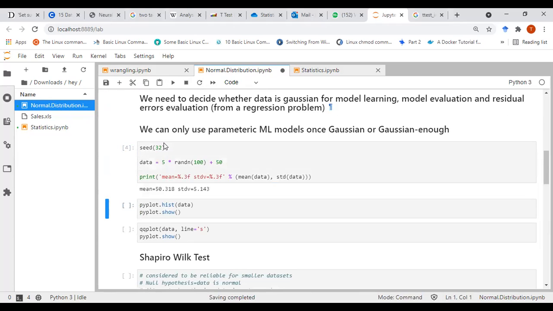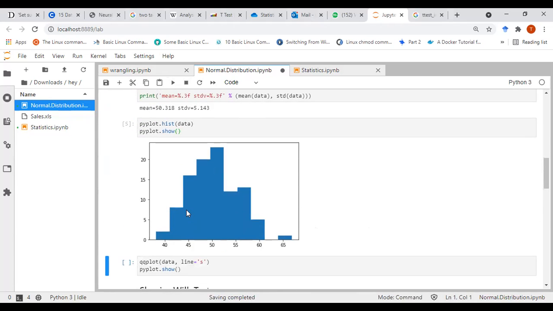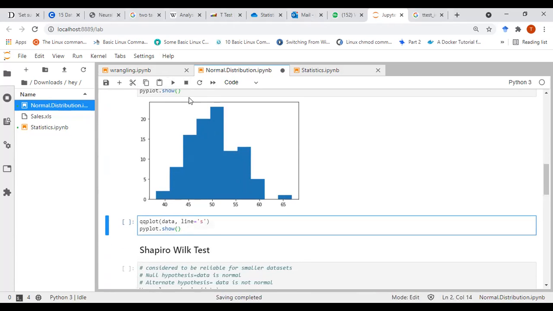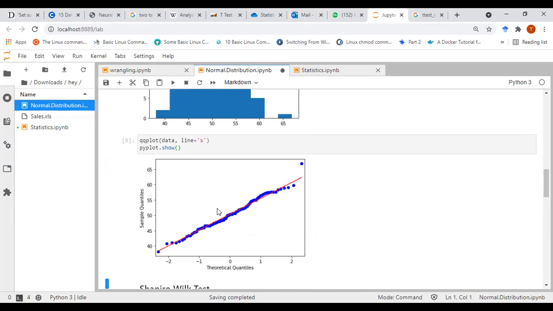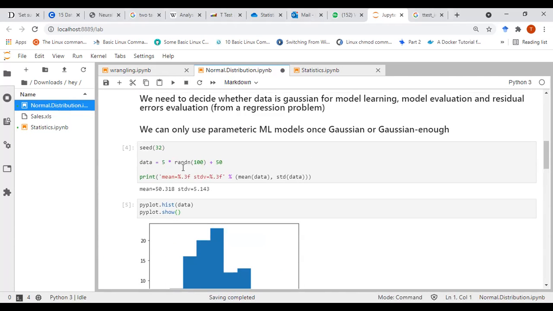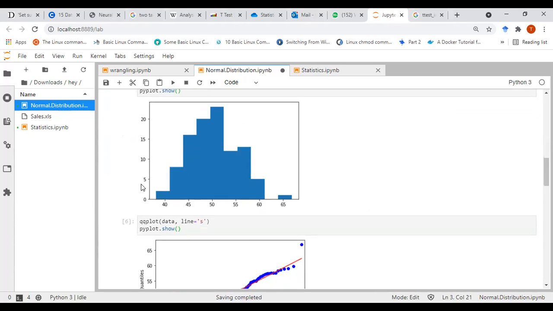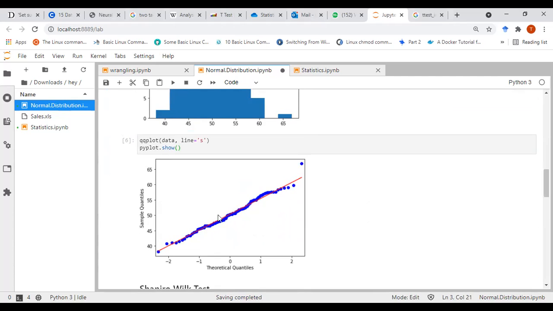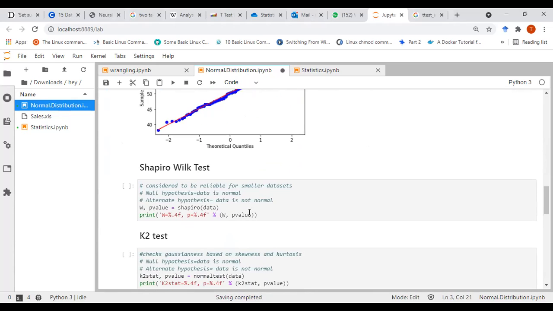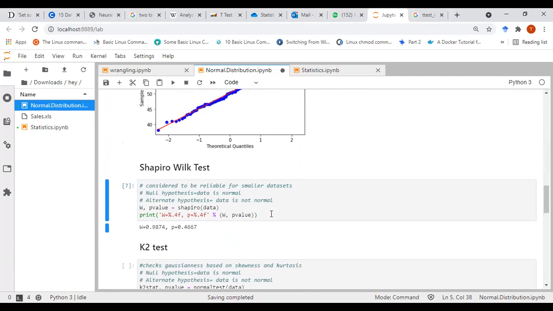So what am I doing here? I'm just generating data from a normal distribution, okay? And when I draw it, obviously it's going to be a normal curve. And the QQ plot is definitely going to be like this, because I basically generated the data from a normal distribution. The Shapiro-Wilk test is one other test besides the Anderson test, and it is giving you a p-value of 47% on the data.